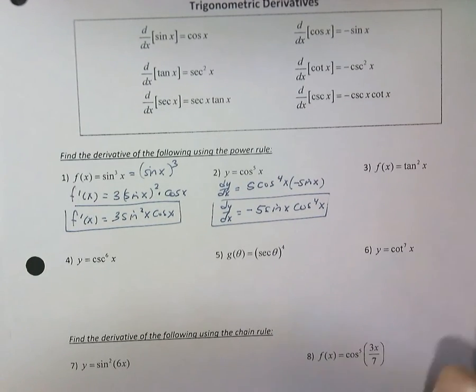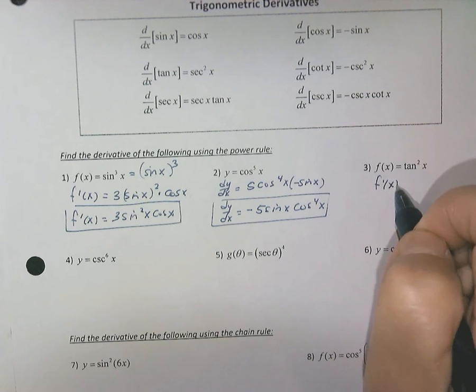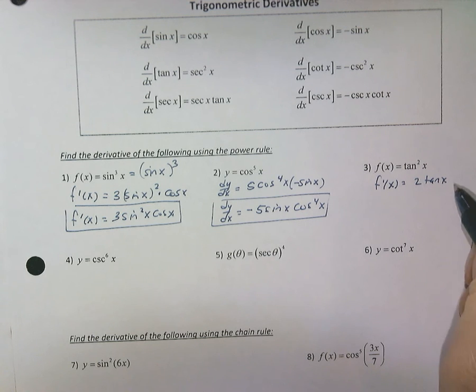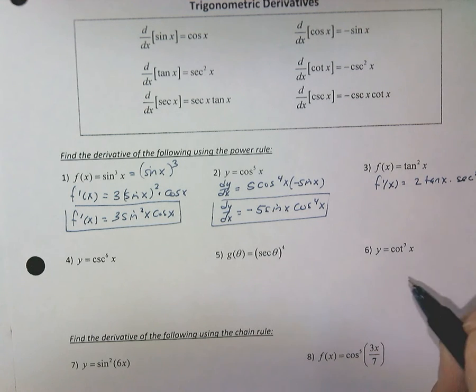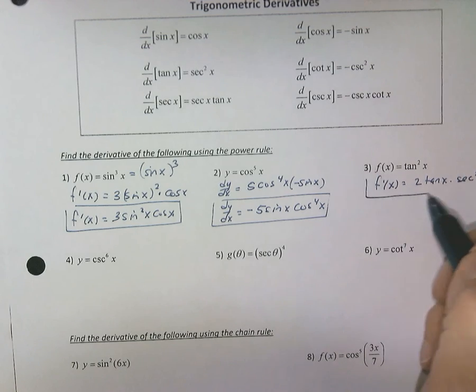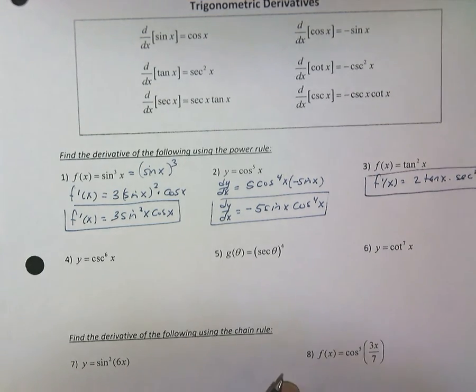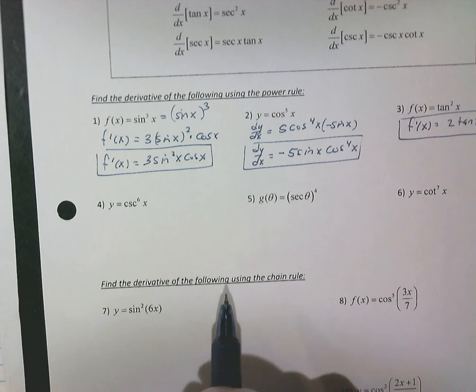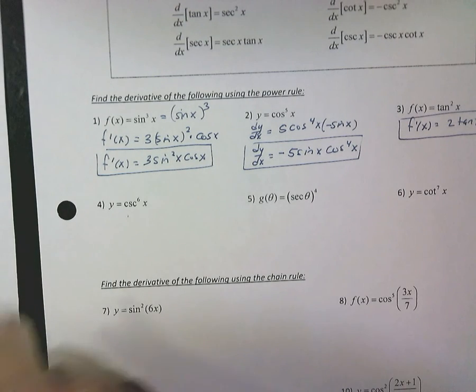So here's tangent squared. So the derivative is going to be equal to 2 tangent x to the first power, and then the derivative of tangent is secant squared x. So the power rule comes in pretty handy instead of having to use a product rule. So cosecant to the 6th.